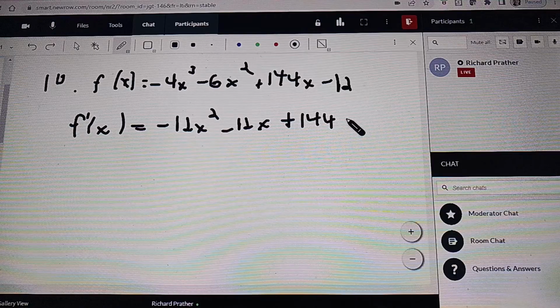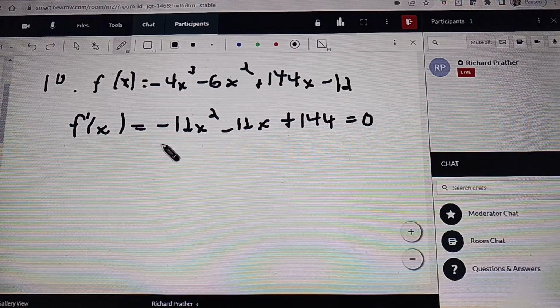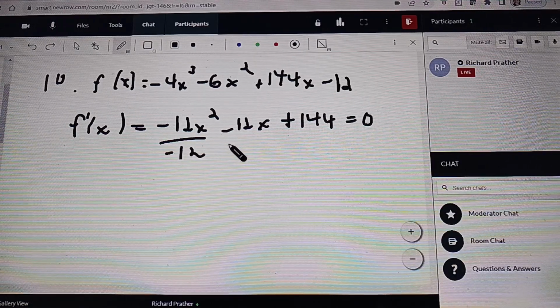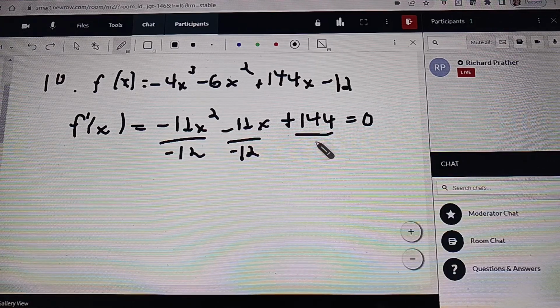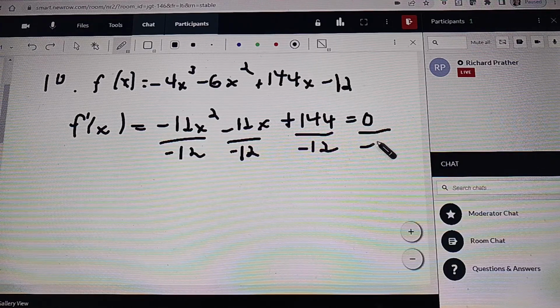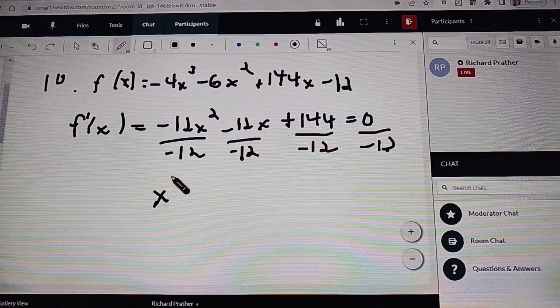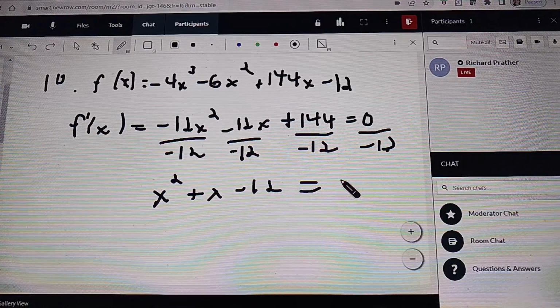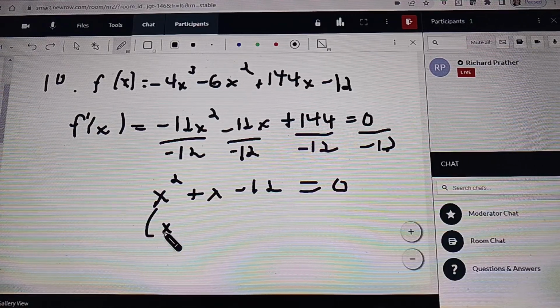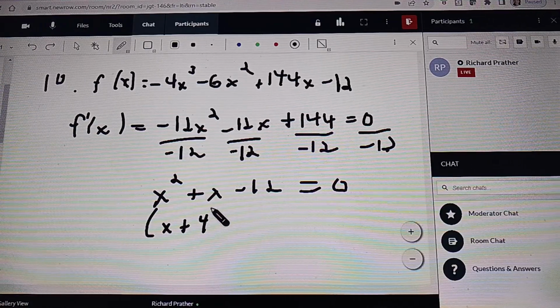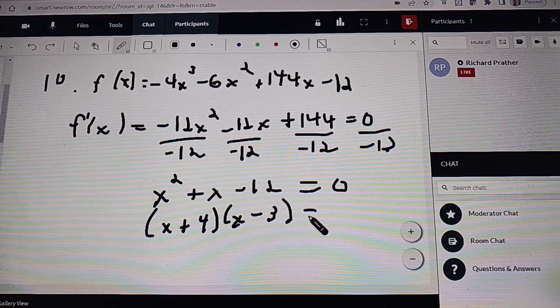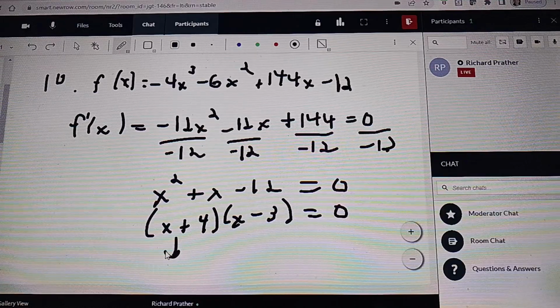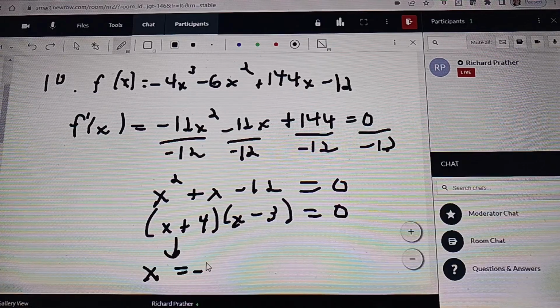And this is clearly never undefined, but it could be 0 twice. If I divide by negative 12, that can make things simpler. That would make a 1x squared, a 1x, and a negative 12. So that would factor into x plus 4 and x minus 3 in order to get a positive 1 in the middle. There's two critical numbers, negative 4 and positive 3.